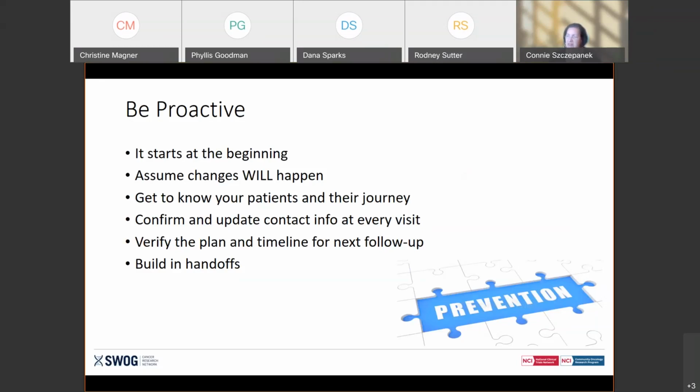But if you're just coming into this midstream and the patient's finished with their treatment, they're now in some active follow-up mode, the beginning is still the beginning for you. So don't lose track of where you are, and compile what you can, begin to learn what you can, assume changes will happen.